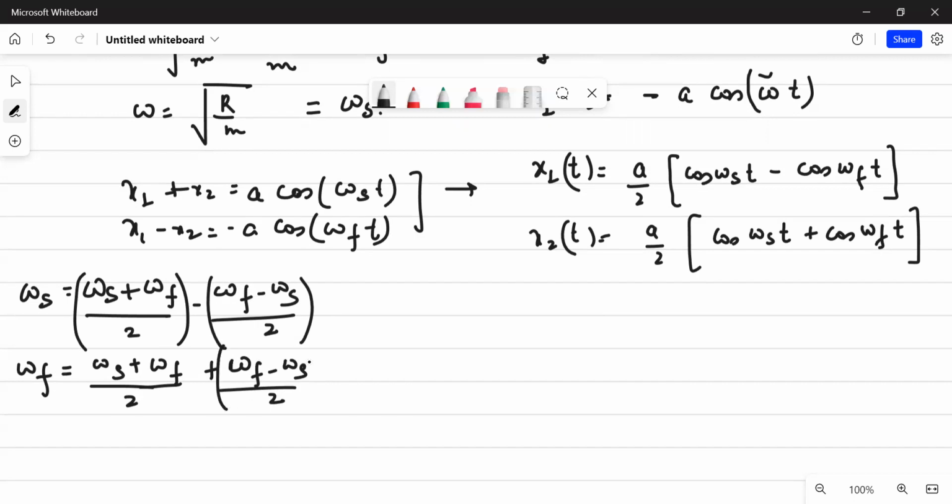And omega f you can write as omega s plus omega f upon 2 plus omega f minus omega s upon 2. You can take this entire thing as another symbol, and you can use this symbol as epsilon, as used yesterday. Is that clear?